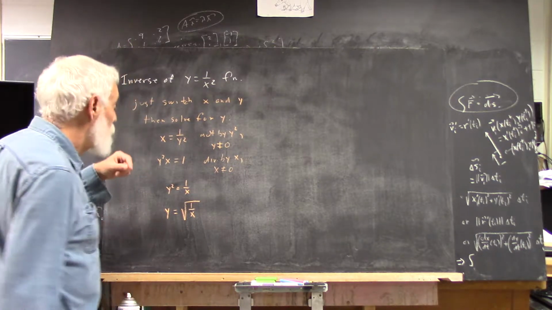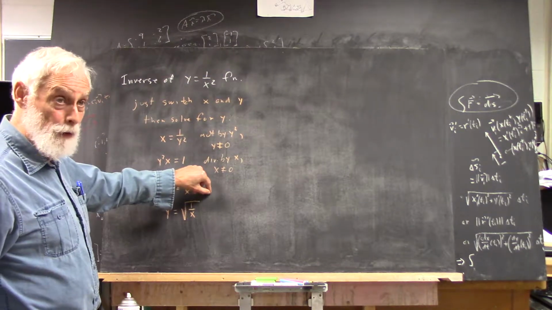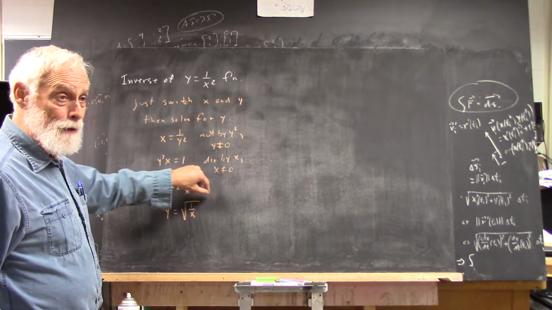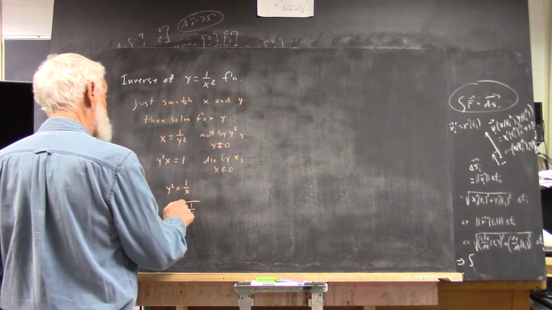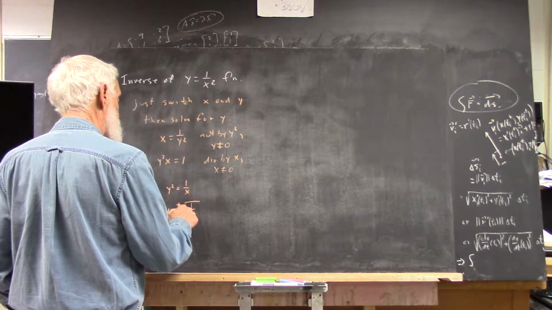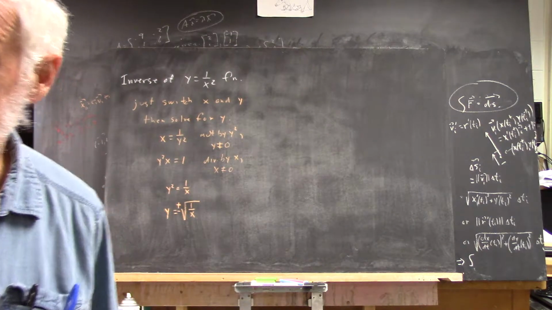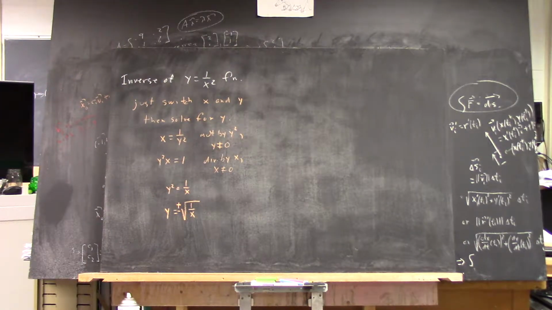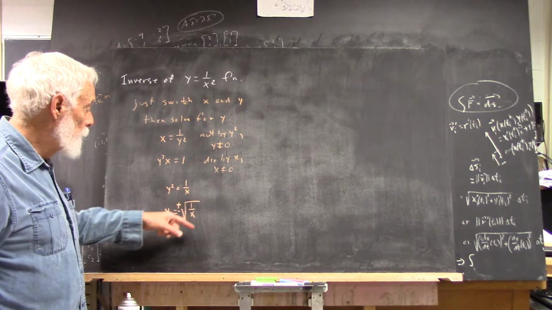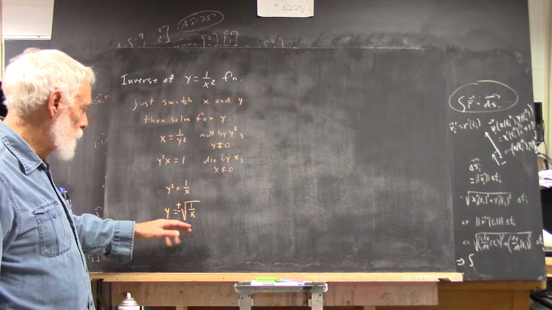When you solve something squared equal to something else, that something has to be plus or minus the square root. It could be plus or it could be minus, because when you square both sides, it doesn't matter if this is a plus or minus square root of 1 over x.